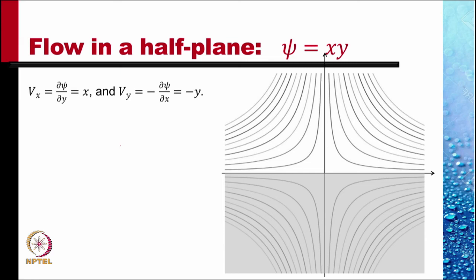This is a particular kind of flow which will be considered later, called the irrotational or the potential flows. So ψ equal to xy can be used to represent the flow towards a wall.